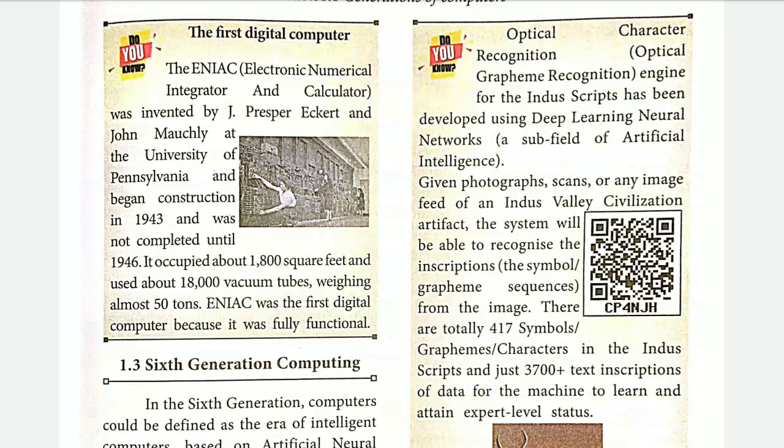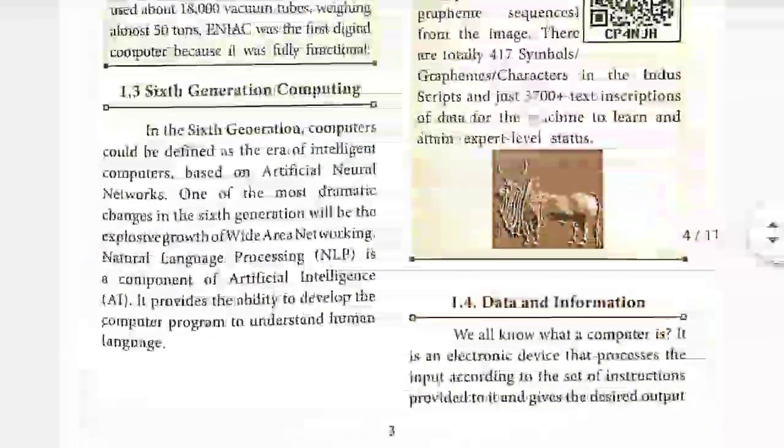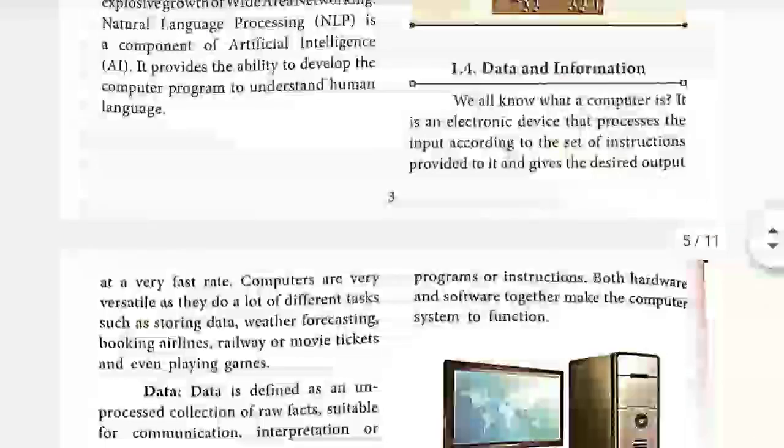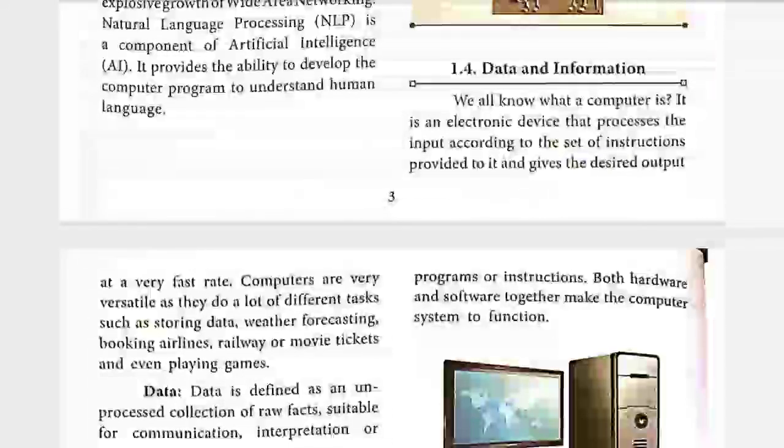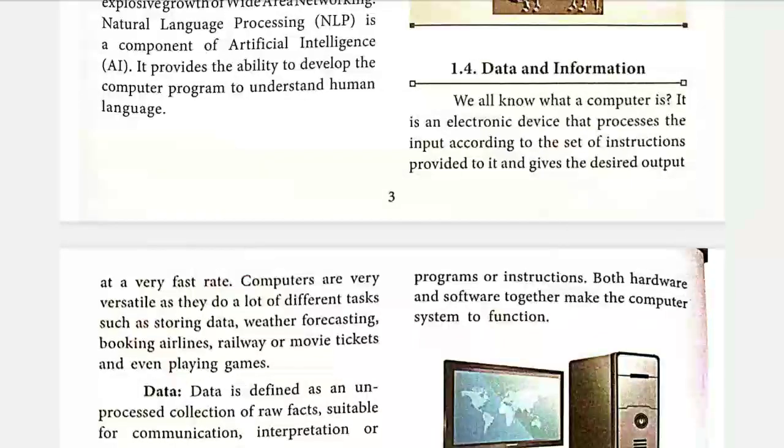Next you can see data and information. Data and information have a slight difference. Number 14 is data, but number 14 can be a date of birth of a person, or a roll number of a student, or a mark obtained by a student.